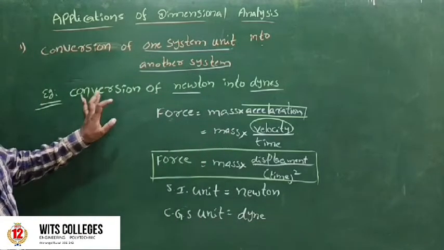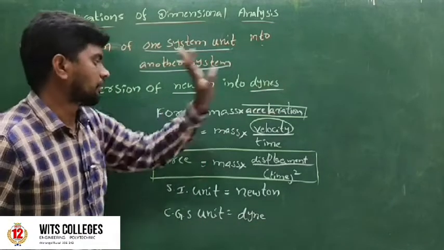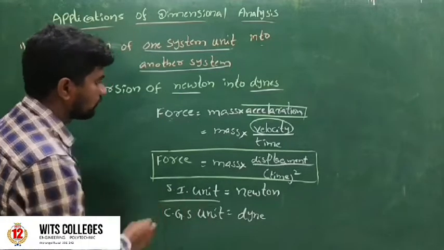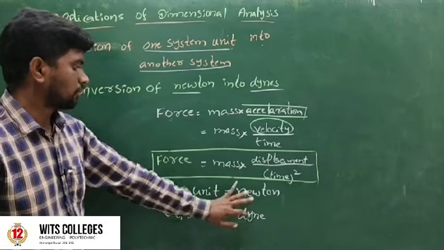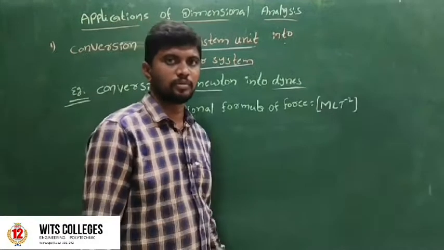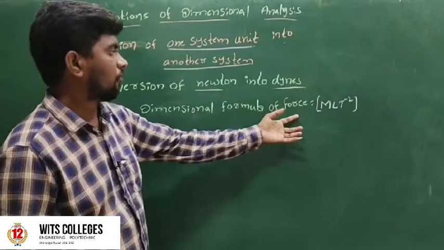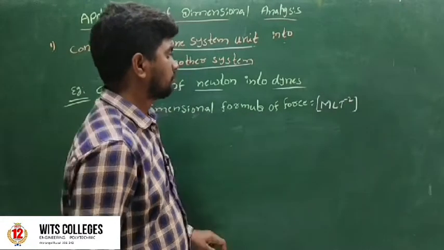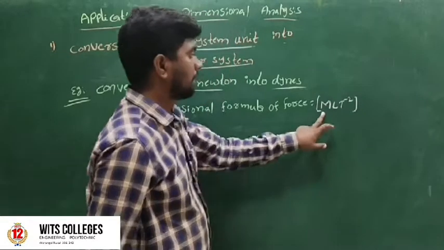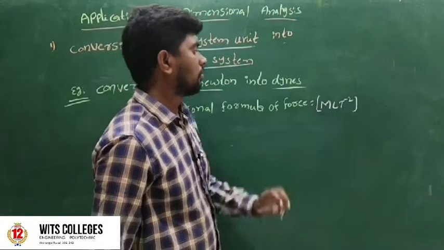The question is the conversion of Newton into Dyne. The SI unit of force is Newton, and the CGS unit of force is Dyne. The dimensional formula of force is [M L T to the power of minus 2].